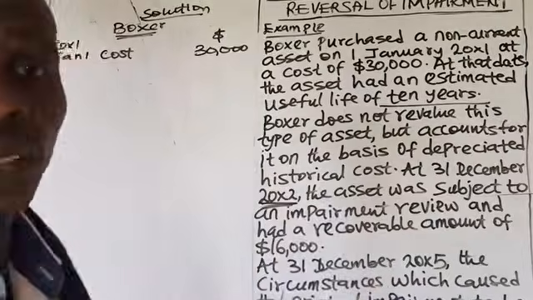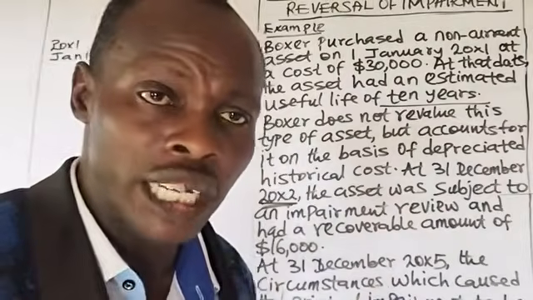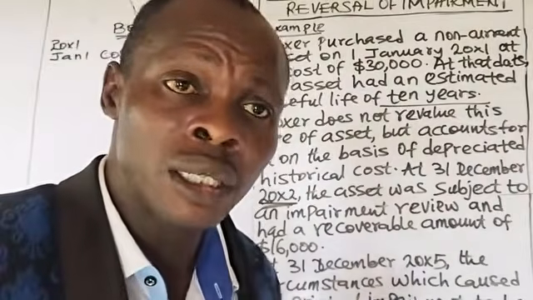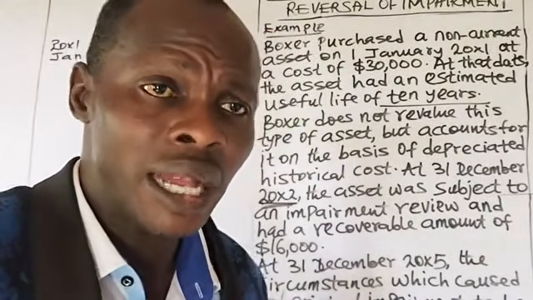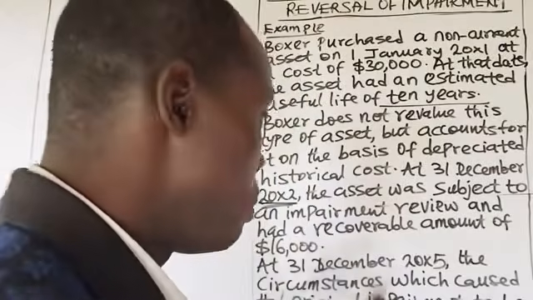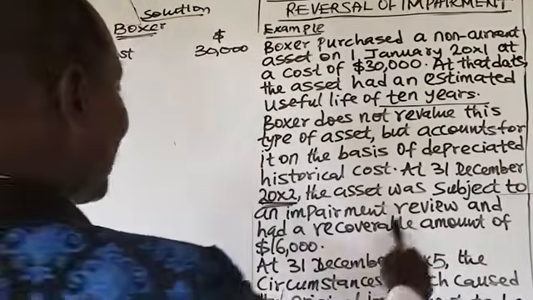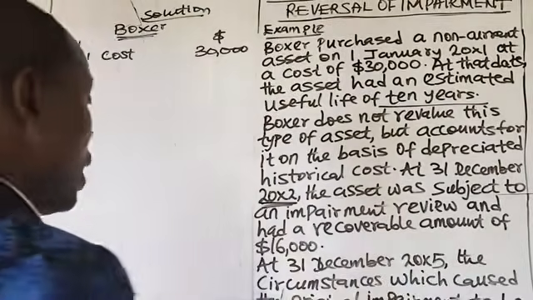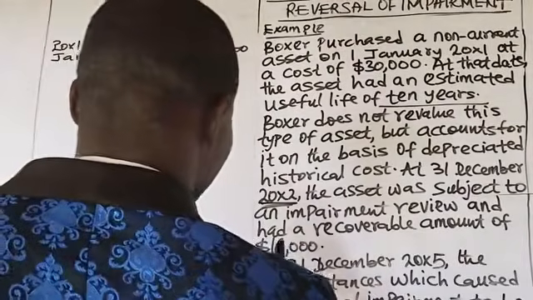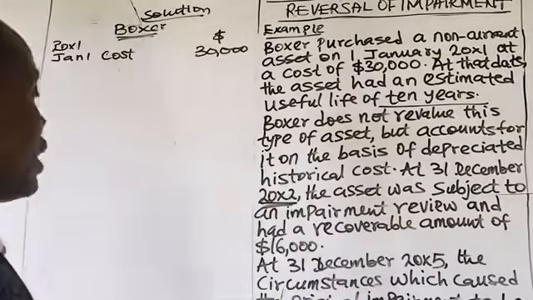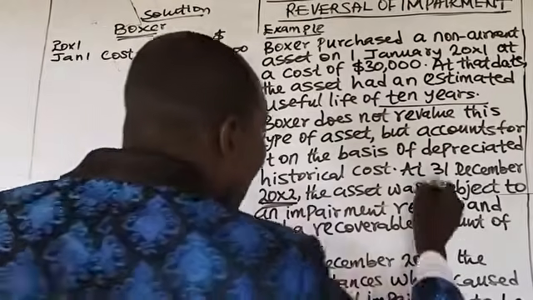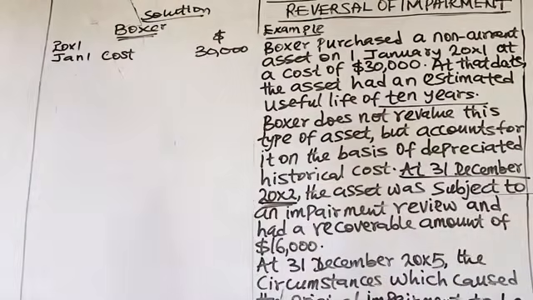By December 20X2, another year depreciation, making 2 years depreciation. One depreciation at December 20X1, another depreciation at December 31st, 20X2. The asset was subject to an impairment review and had a recoverable amount of $16,000. So you will need the carrying amount of this asset as at December 31st, 20X2.